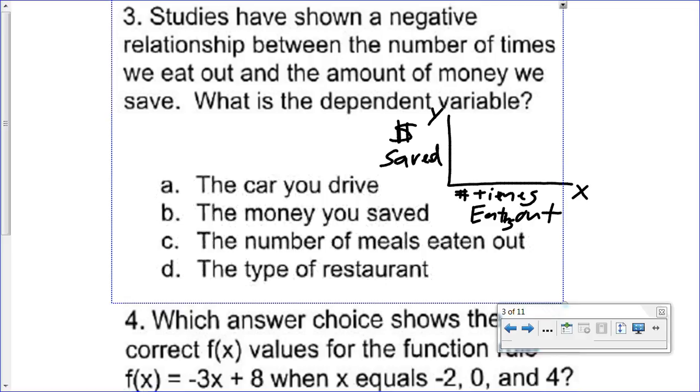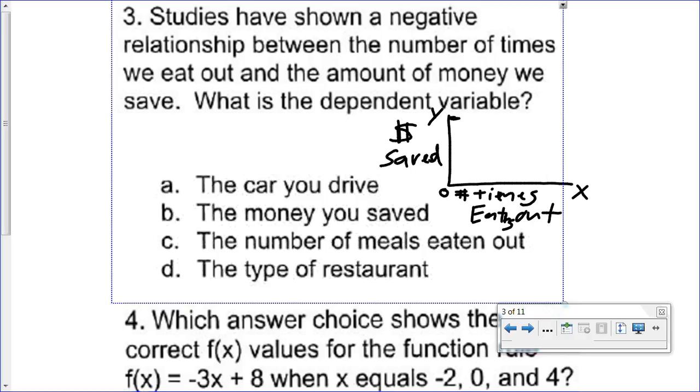Well, as you eat out more, you're going to save more money, correct? Excuse me, I'm sorry. Obviously, if you eat out more, you're spending money, so you're saving less money. So let's say that you're eating out 0 times, 0 here, and you're saving a certain amount of money every month.